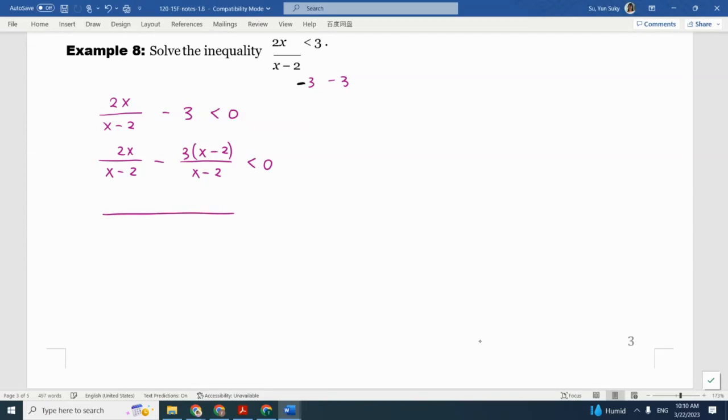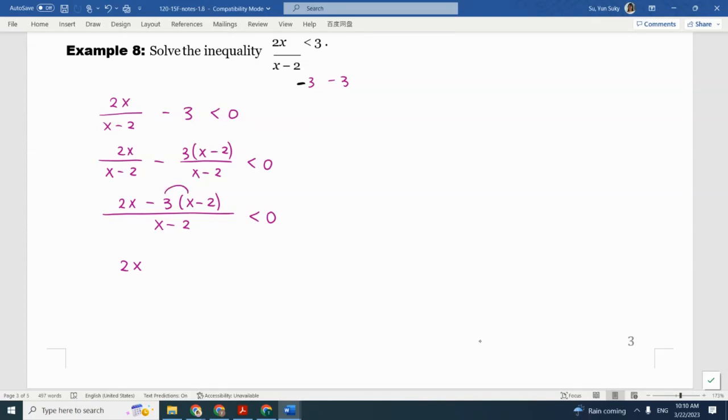Okay, so we keep going. We combine them. We get x minus 2 in the denominator. And then here we have 2x minus 3 times x minus 2. Let's do it slowly. This is a negative, okay? So when you break the parentheses, be careful, we need to change sign.